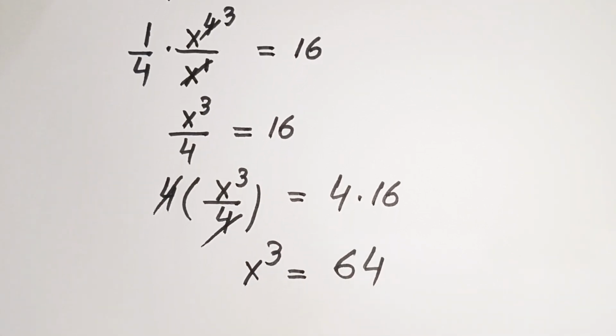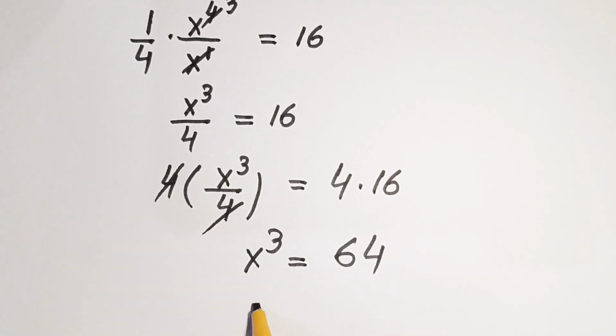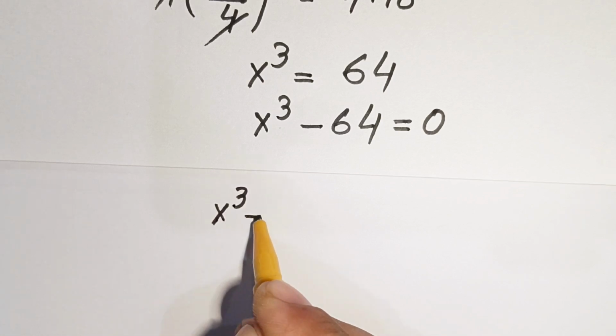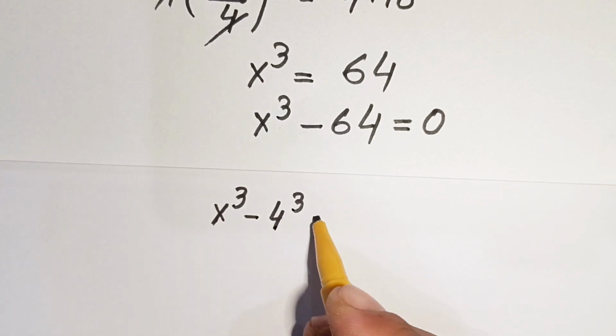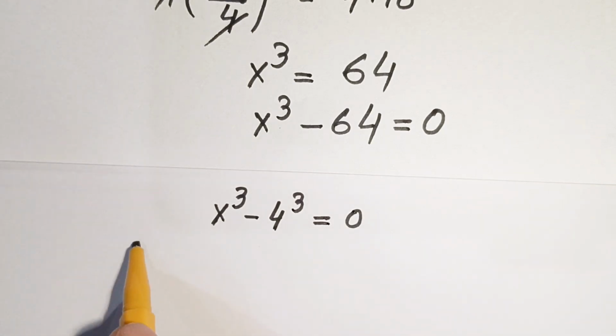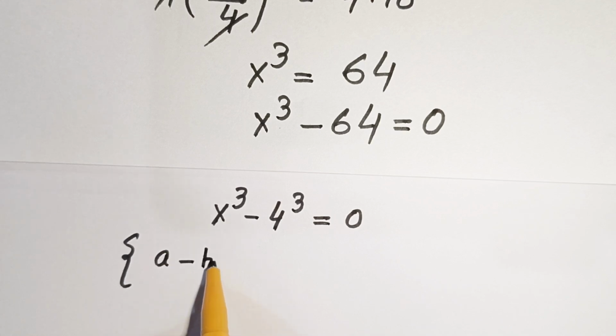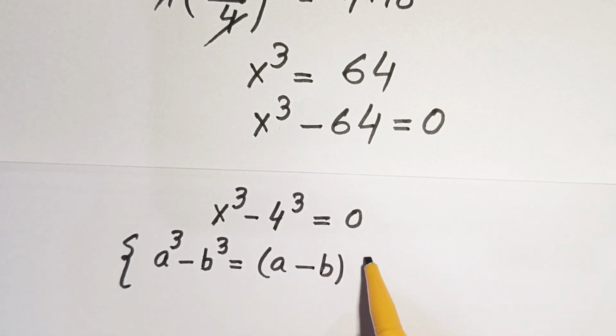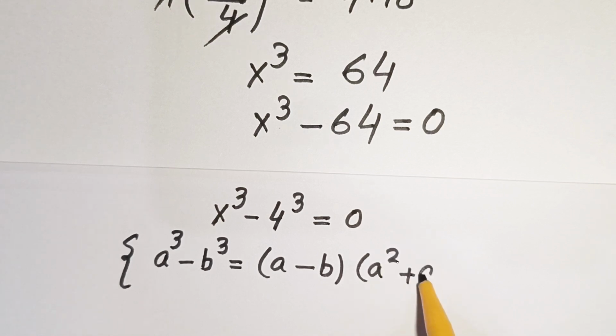Now if we shift this 64, we get x cubed minus 64 is equal to 0. Here x cubed minus 64 is written as x cubed minus 4 cubed is equal to 0. Now we are going to use an algebraic identity: a cubed minus b cubed is equal to a minus b times a squared plus a times b plus b squared.